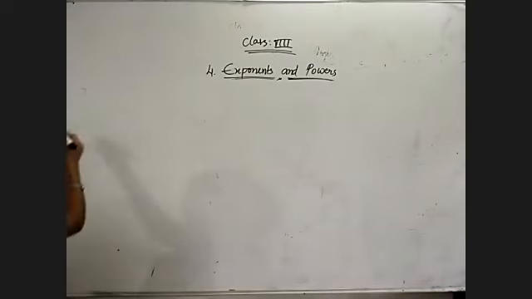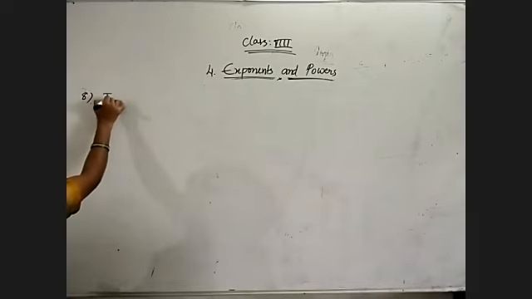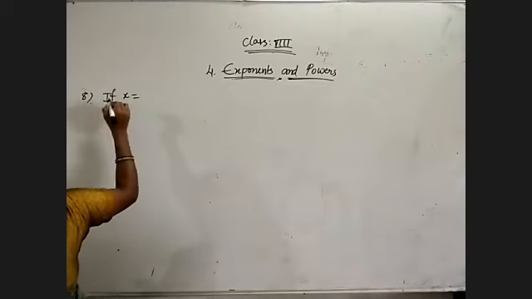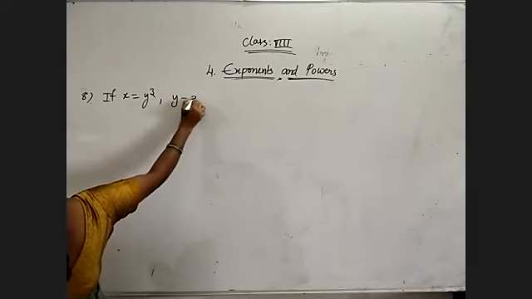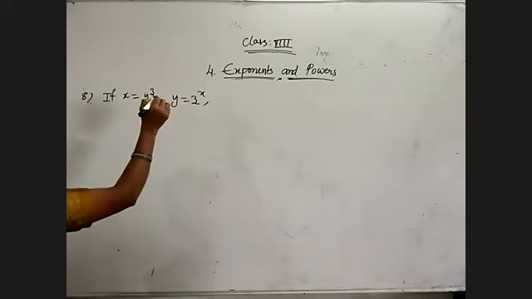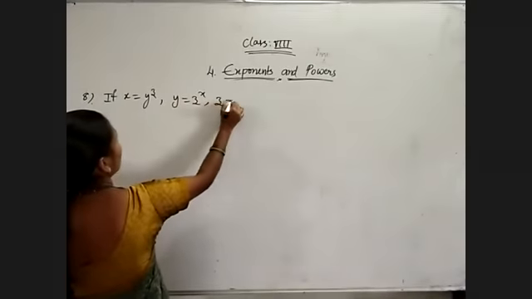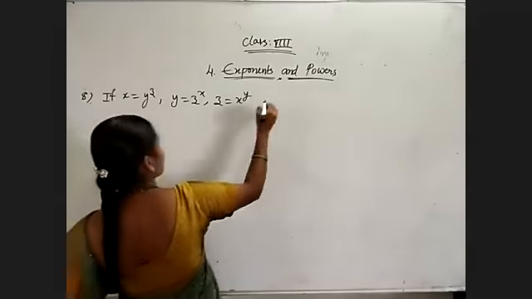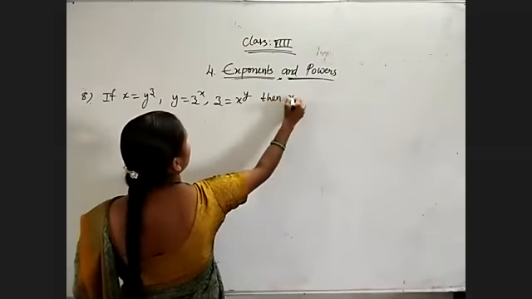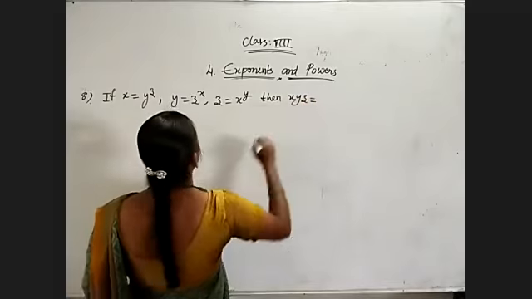If x is equal to y power z, y is equal to z power x, z is equal to x power y, then xyz is equal to dash.